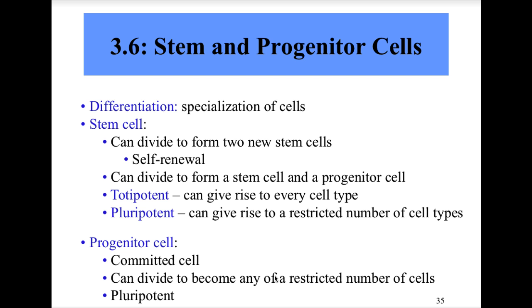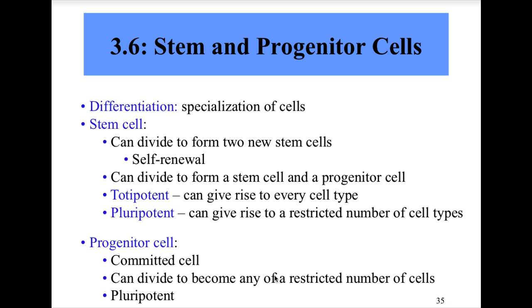Of stem cells themselves, you have totipotent cells, and they can become any type of cell. You also have pluripotent cells, which can become many cell types, but not all.